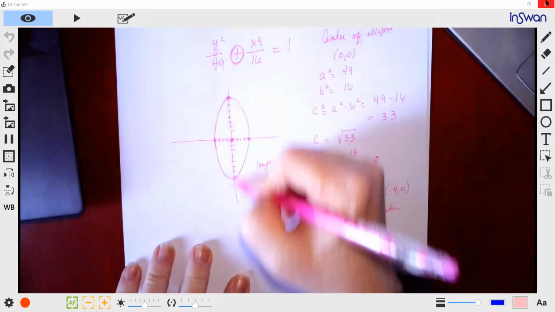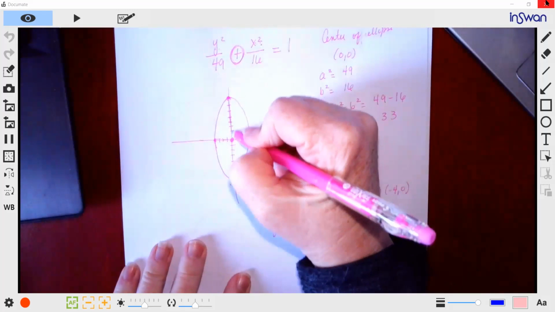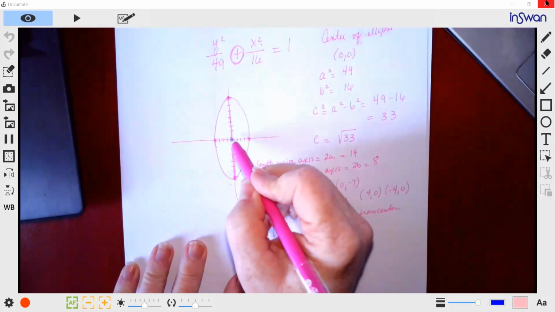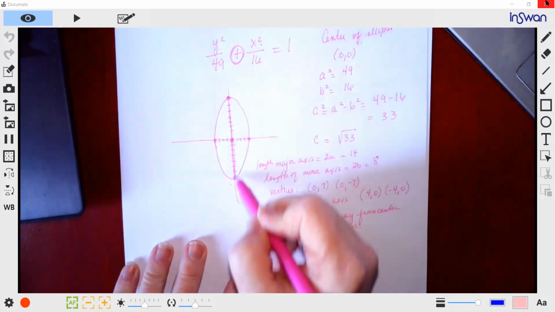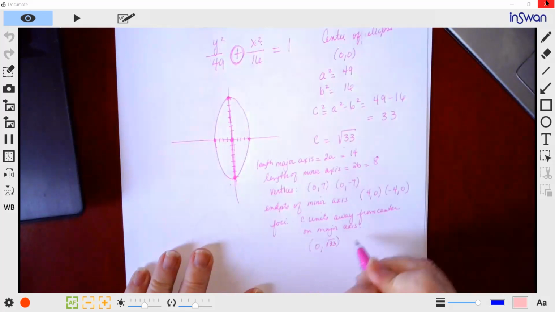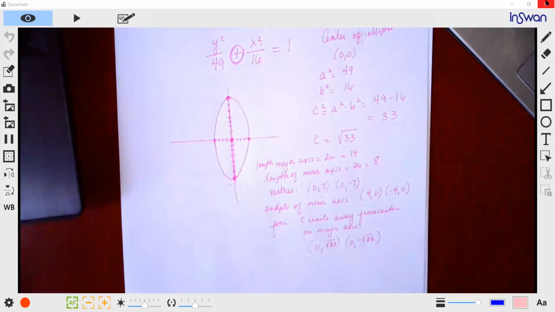So the major axis, remember, is the longer one. It would be from here to here in this case. So we're going to start at center and we're going to go c units up the major axis and c units down. So the foci in this case would be 0 plus the square root of 33 and 0 minus the square root of 33.